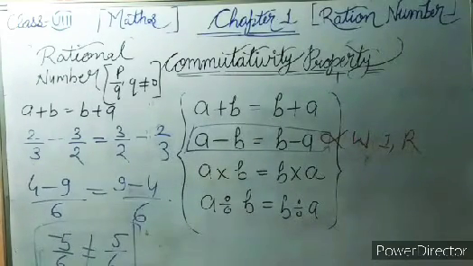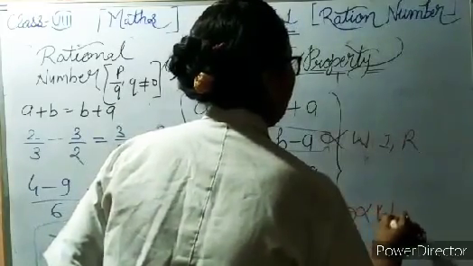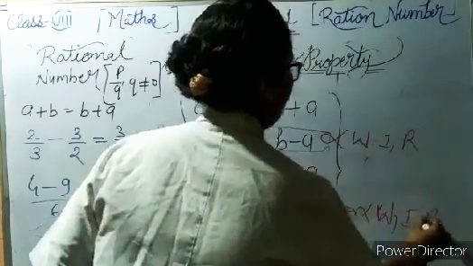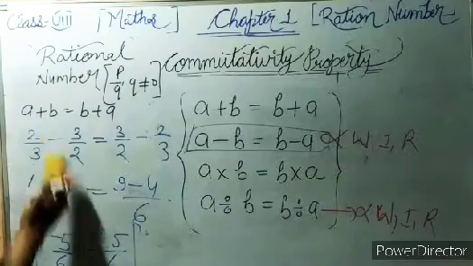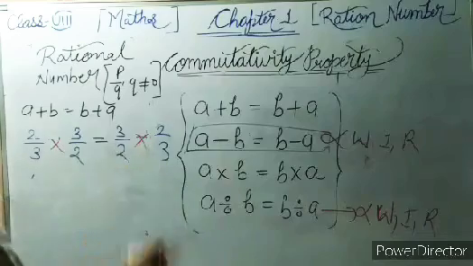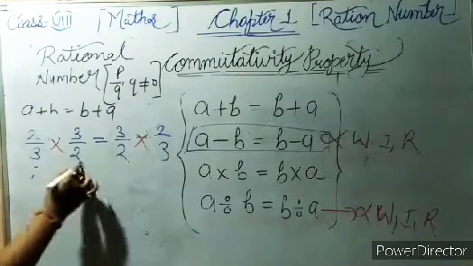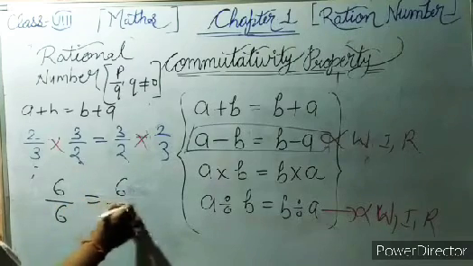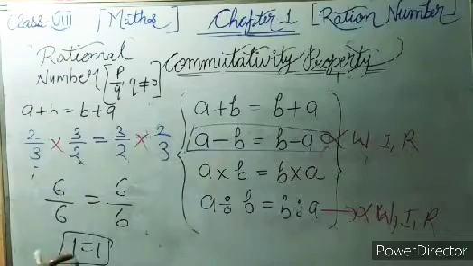Okay. In the same way, they do not follow the division rule. Simply, if we multiply both numbers, we will get 6 over 6, which is equal to 1. 1 is a rational number.